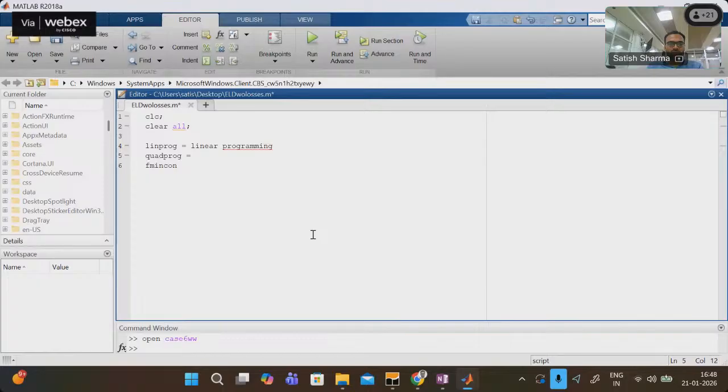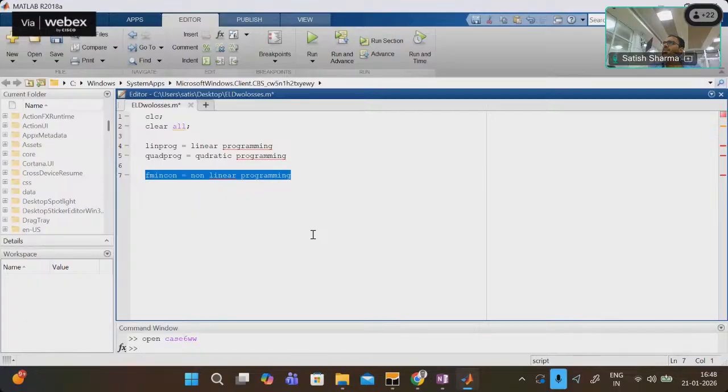Quadprog is for quadratic programming. And fmincon is for non-linear programming. Today we will discuss linprog and quadprog, and fmincon we will discuss when we move to the DCOPF and ACOPF.